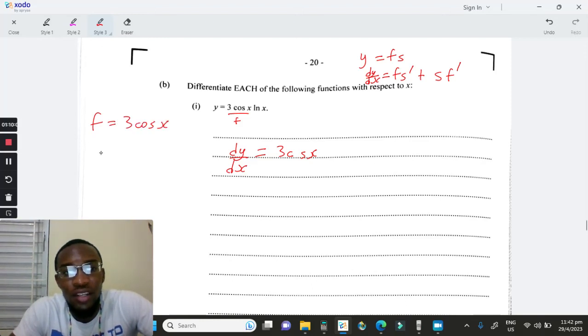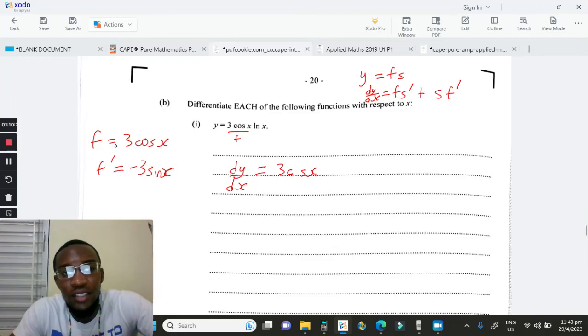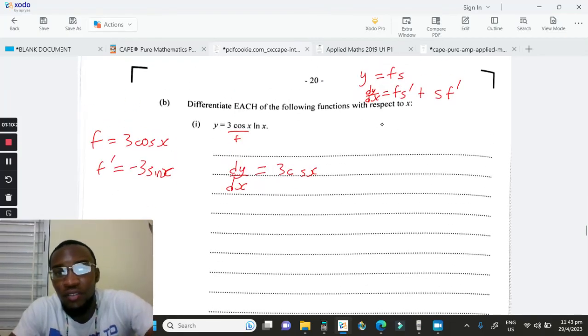So the derivative of the first is, when you differentiate cos, you get negative sine x. Alright, so when you differentiate cos, you get minus sine. And you can also write down for your second function now, ln x. When you differentiate ln, you get 1 over x.